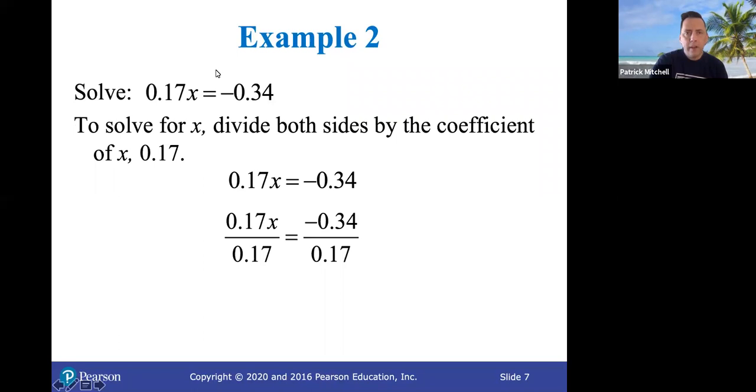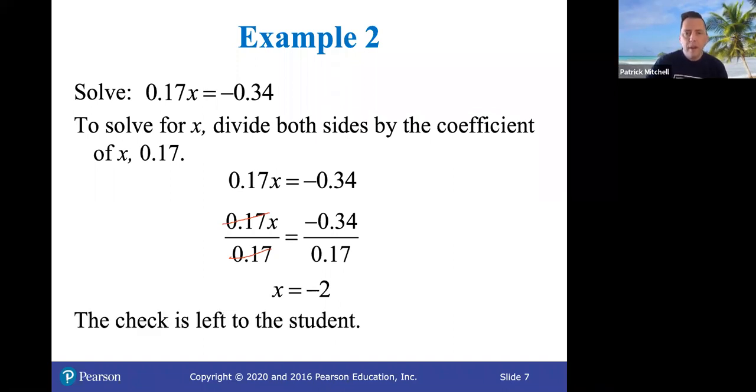All right, and once again, this and this are going to cancel out. That was the whole point. So x is going to equal negative 34 hundredths divided by 17 hundredths, which is negative 2. All right, and you can check that one on your own.